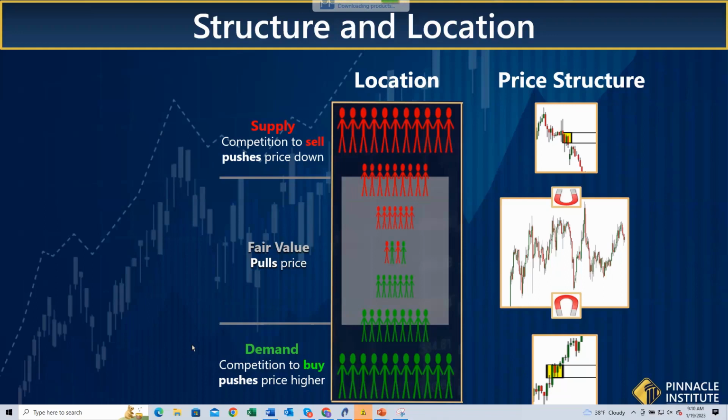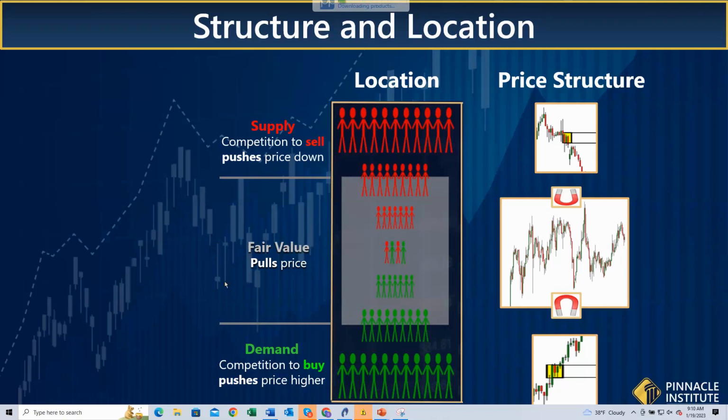Competition to buy at demand pushes price higher. The entire time, fair value is naturally pulling price back to it. So it's this whole governing dynamic, the governing dynamics of supply and demand. It's all this push and pull concept, and it's all because of this supply-demand relationship that is ongoing.